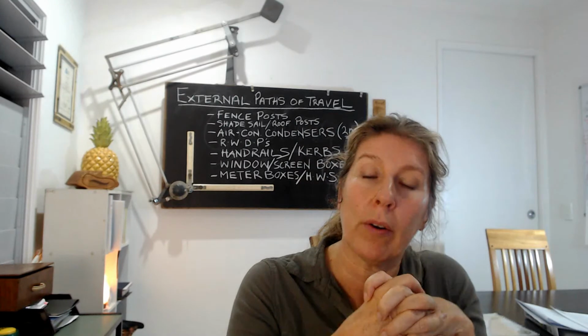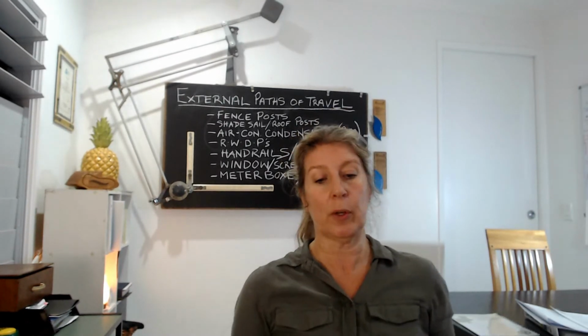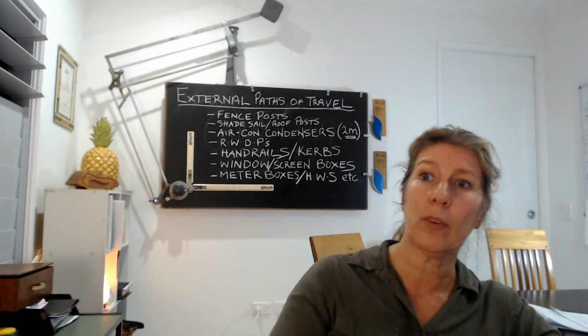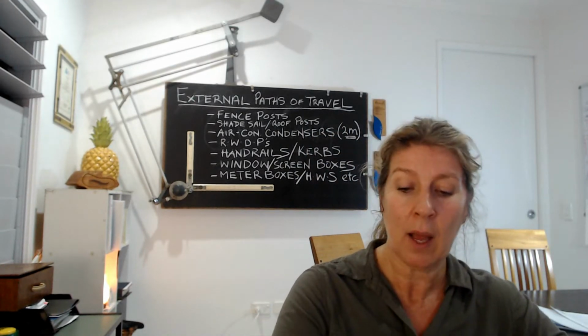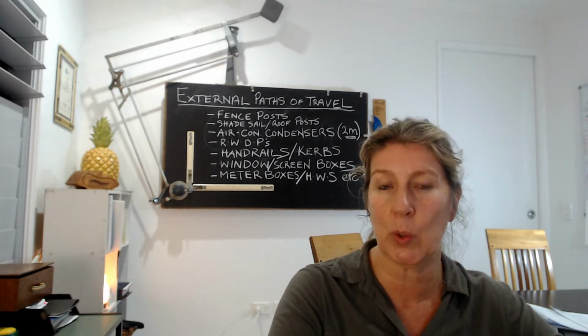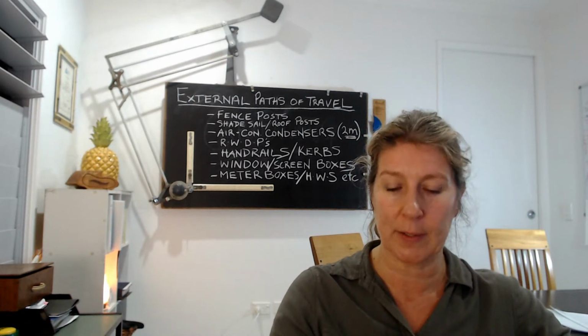So making sure that you have allowed for any encroachments onto that external access way is going to really save you a lot of dramas and headache and worry further down the track if you get it nailed at design stage. So the sorts of things to look out for, I have got them on the board here. Hopefully it's large enough that you can read it, but if you need me to cover anything, then by all means get in touch with me and I'll be more than happy to explain in a bit more detail or have a chat about things.